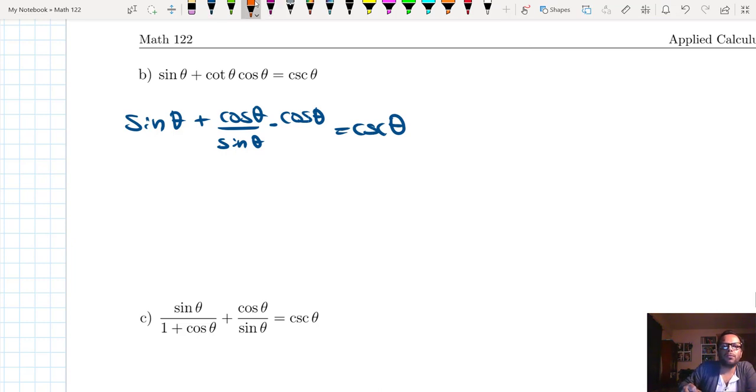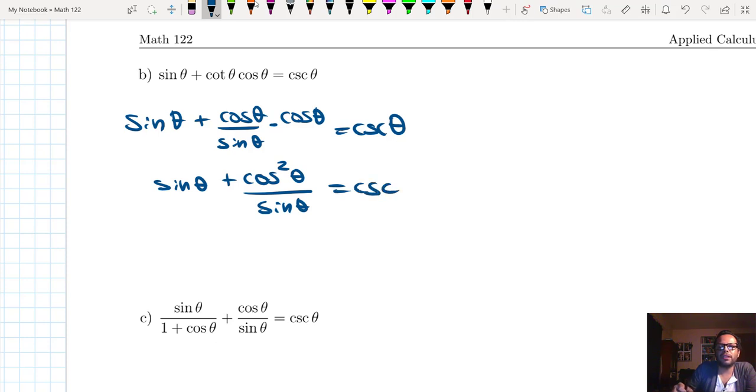First of all, multiply cosine with cosine to get cosine squared theta divided by sine theta. And this plus sine theta, and then equal cosecant theta.